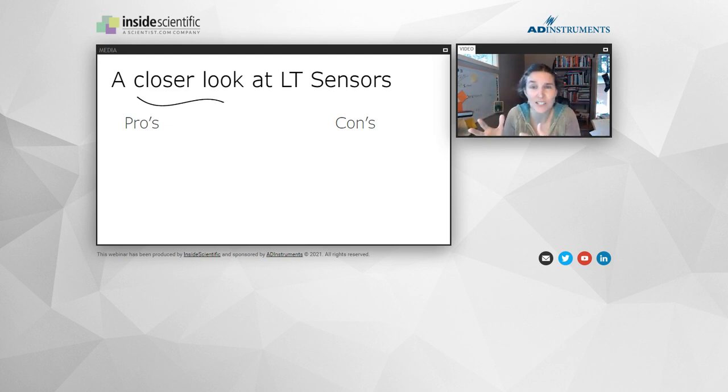So if you've got a face-to-face class going on and somebody says, dude, my kid came down with COVID, I'm out for 2 weeks, this LT sensor setup would let the students actually meaningfully participate in the lab activities, even if they can't be in the same space.